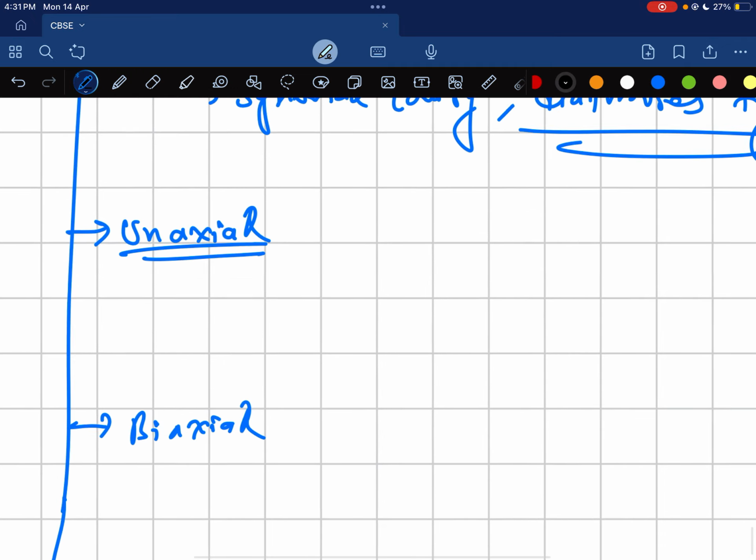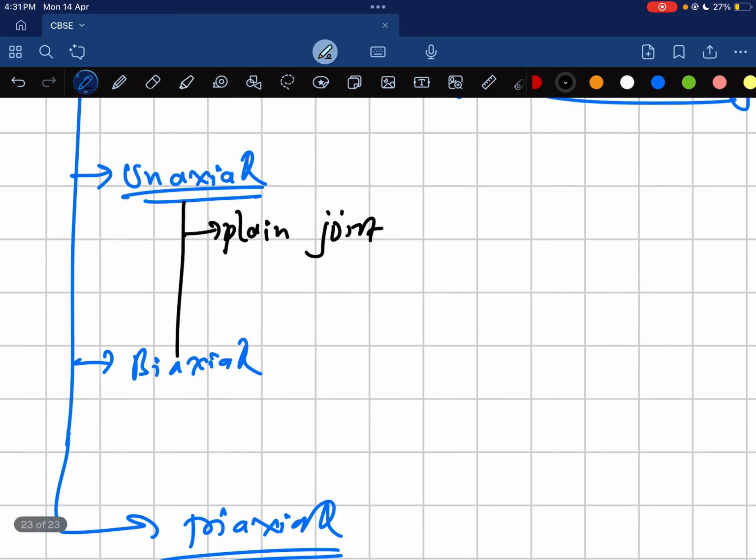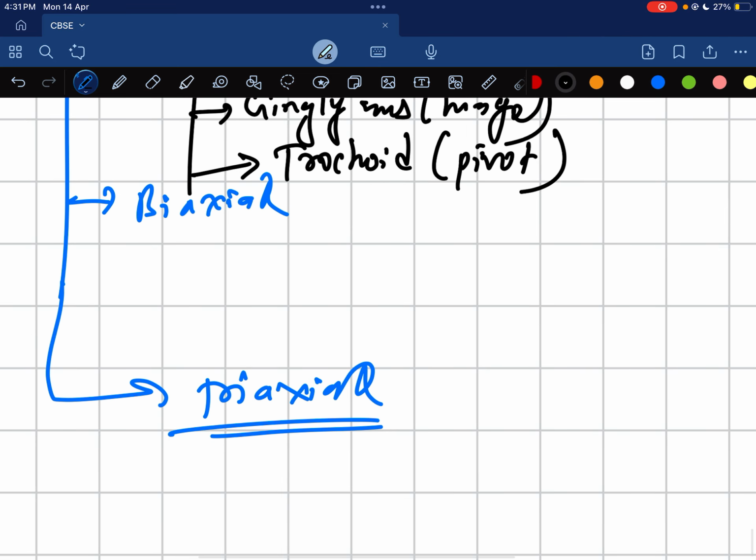In the uniaxial, there are also classifications like planar or plane joint, then ginglymus or hinge joint, and then trochoid or pivot joint. In the biaxial, there are two classifications: condyloid and saddle joint.